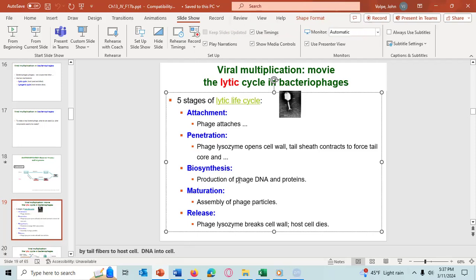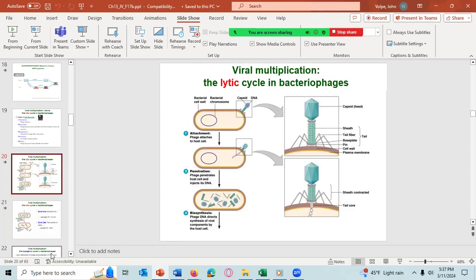And like I said, there are adhesions or ligands on the virus, specific molecules that bind to specific molecules on the host cell that we call host cell receptors. And that's how attachment of a virus happens to its host cell. And then there's penetration. That's where the virus opens up the cell wall. And that, let me go ahead and show you a little bit of that right here.